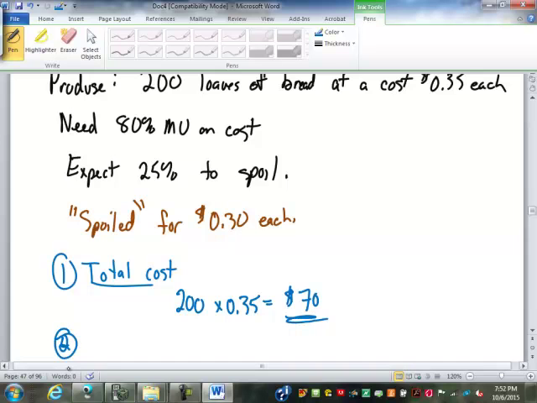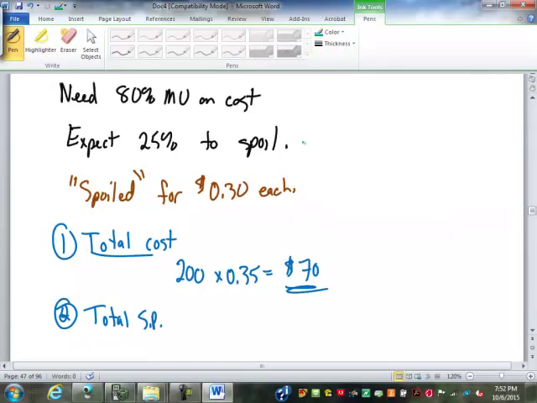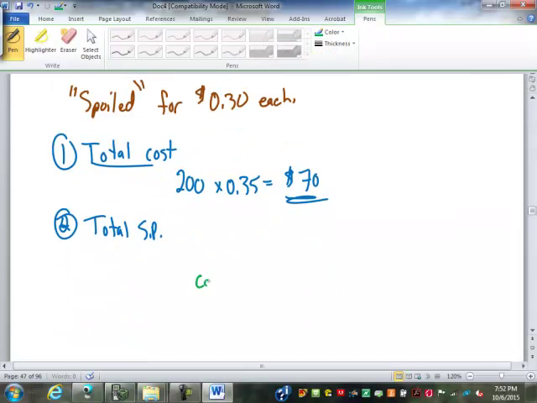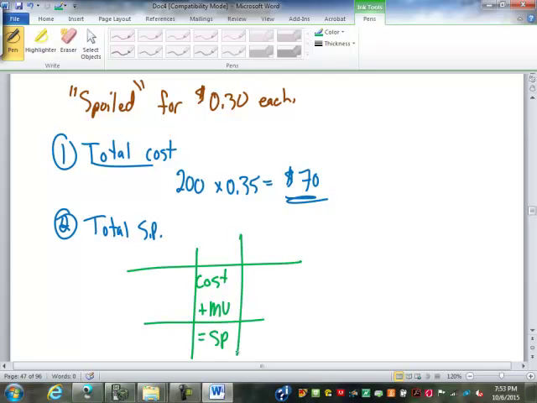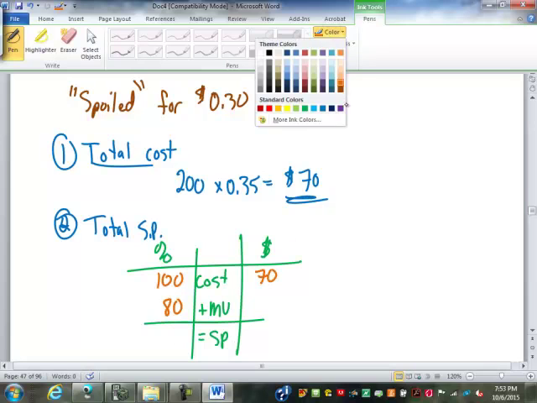So our total cost will be 200 times 0.35 or $70. Step 2 is still going to be to find the total selling price using the markup. So it's markup on cost, 100% goes there, 80% markup. Total cost is $70.